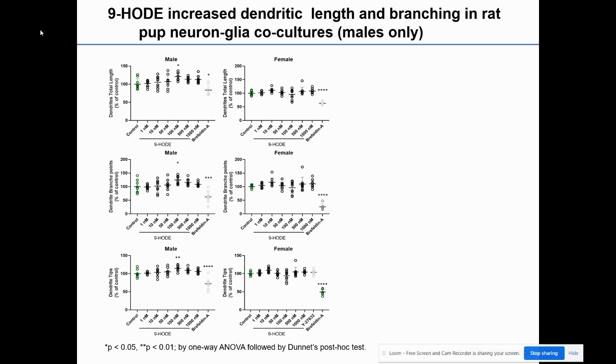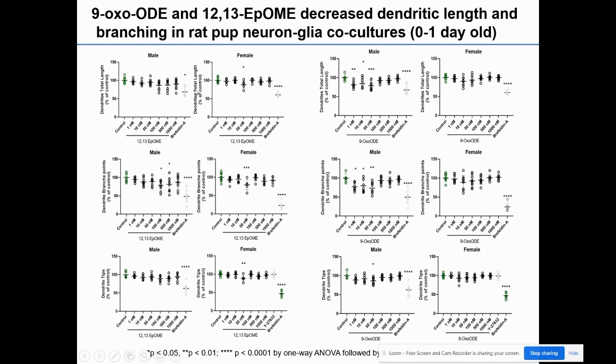What we're finding is that these dendrites are impacted by these OXLAMs. For example, 9-HODE here seems to increase dendrite length in males only, but not females, and at a certain dose of 100 nanomolar. In contrast, other OXLAMs like 9-oxoODE and 12,13-EpOME decrease dendritic length and branching points in both males and females, also at certain doses.